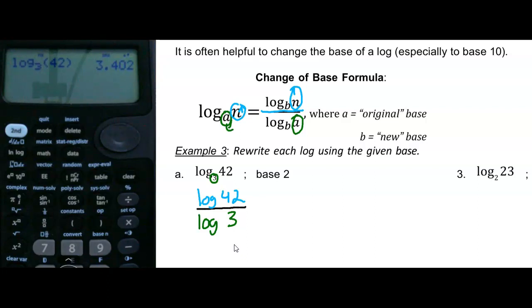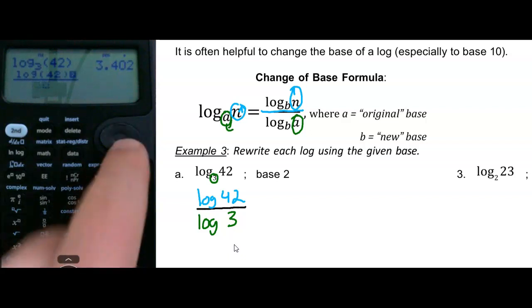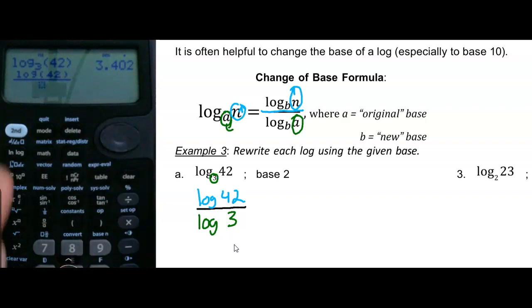So on your calculator, if you didn't have this button, now you can just use the regular log button and go ahead and practice this right now. All right, we got log of 42 divided by log of 3. And you notice it comes out to the same exact decimal.